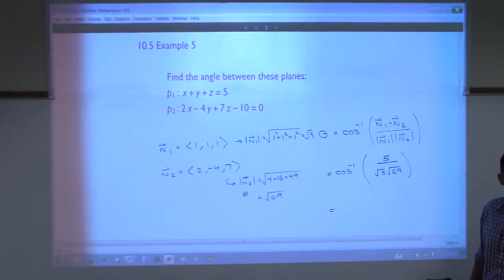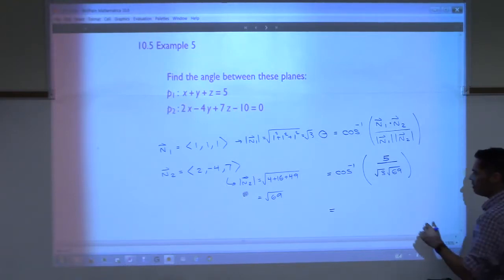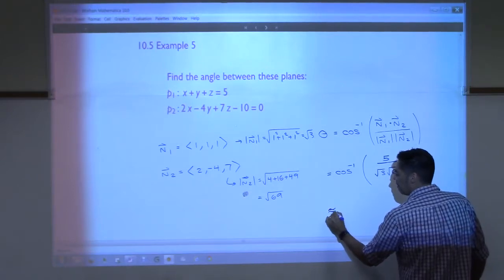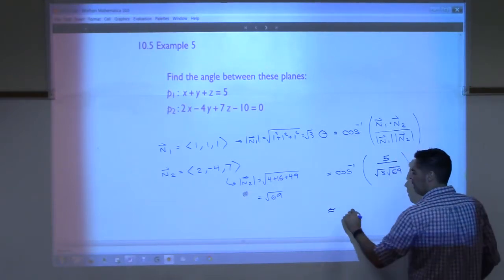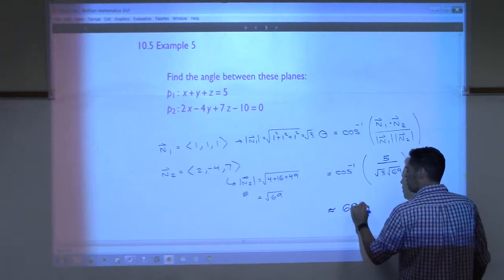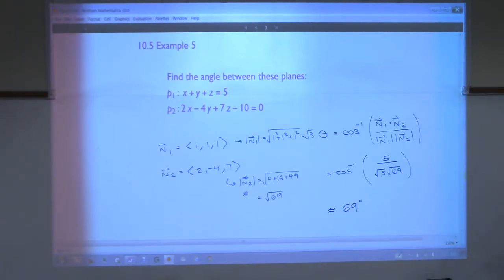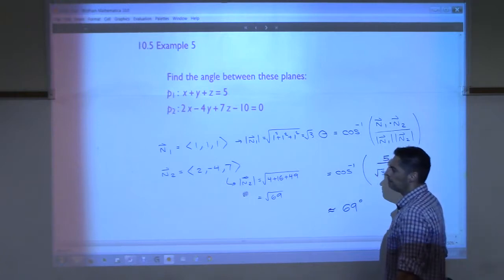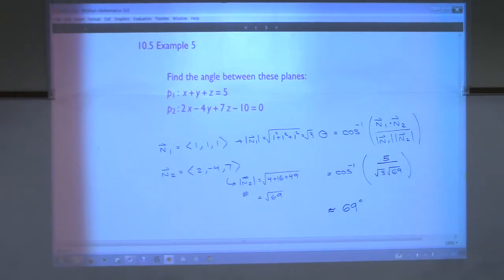I got 69 as well. 69 degrees, somewhere around there? Let's say approximately. Eric, double check yours. You might have had something go on there. Approximately 69 degrees. I got the same thing. Okay. So that is the angle between these two planes. Straightforward? Everything we've done is pretty computational, pretty mechanical. You just apply the formula.